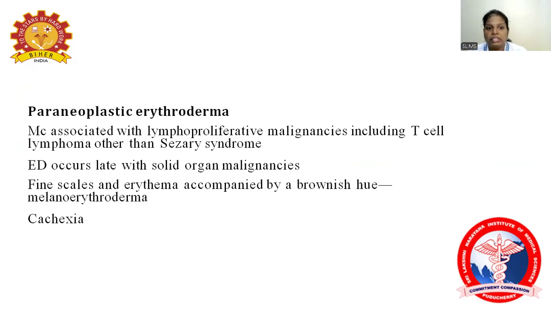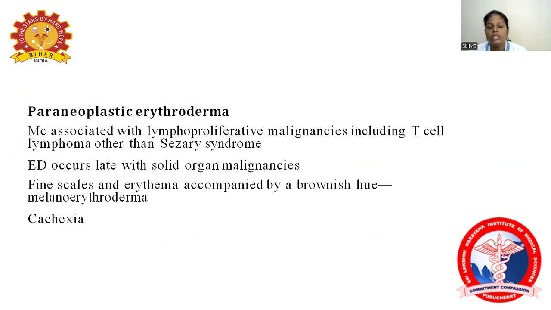Paraneoplastic erythroderma is most commonly associated with lymphoproliferative malignancies, including T-cell lymphoma, other than Sézary syndrome. What is the triad of Sézary syndrome? There will be Sézary cells, lymphadenopathy, and the other thing is erythroderma. So these three things will be present in Sézary syndrome.